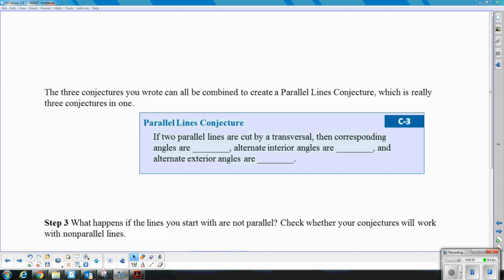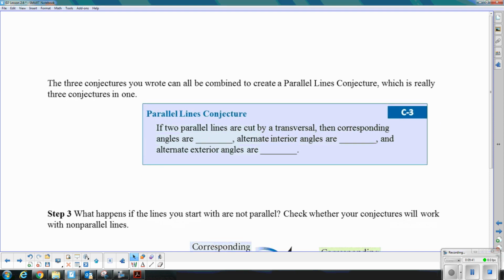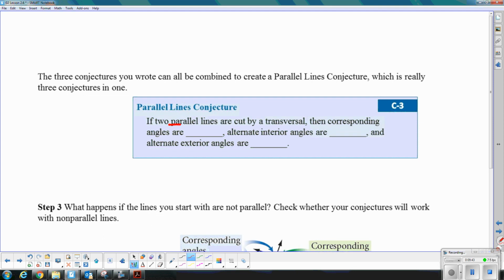So if two parallel lines are cut by a transversal, then corresponding angles are congruent, alternate interior angles are congruent, and alternate exterior angles are congruent. So that's our parallel lines conjecture. That's saying that all three of those are true.